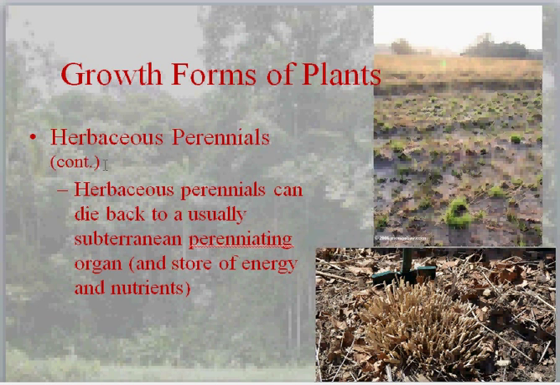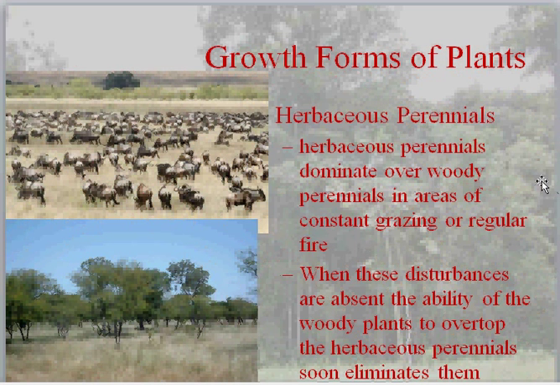These herbaceous perennials will dominate over woody perennials in areas where there's, as I said, a regular disturbance. That disturbance may be fire or it may be grazing. Savannas are examples of ecosystems which are perfectly suited to herbaceous perennials.